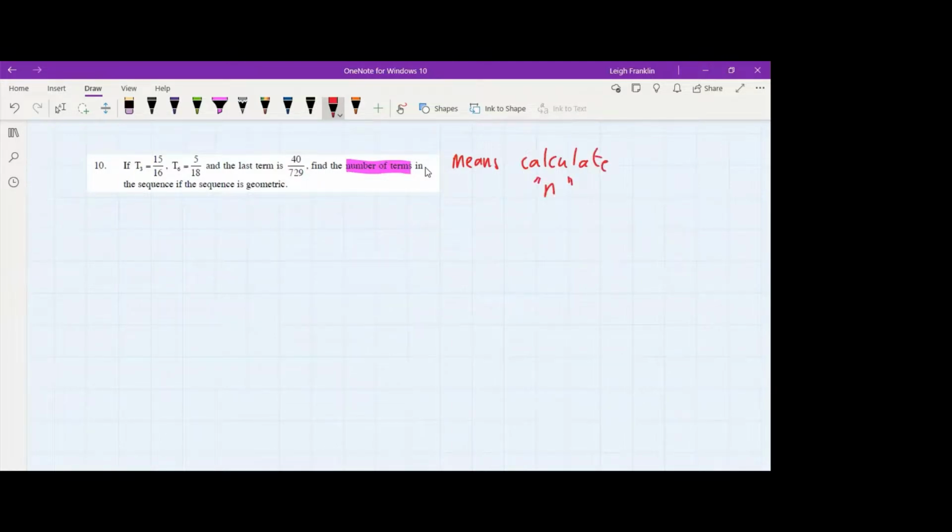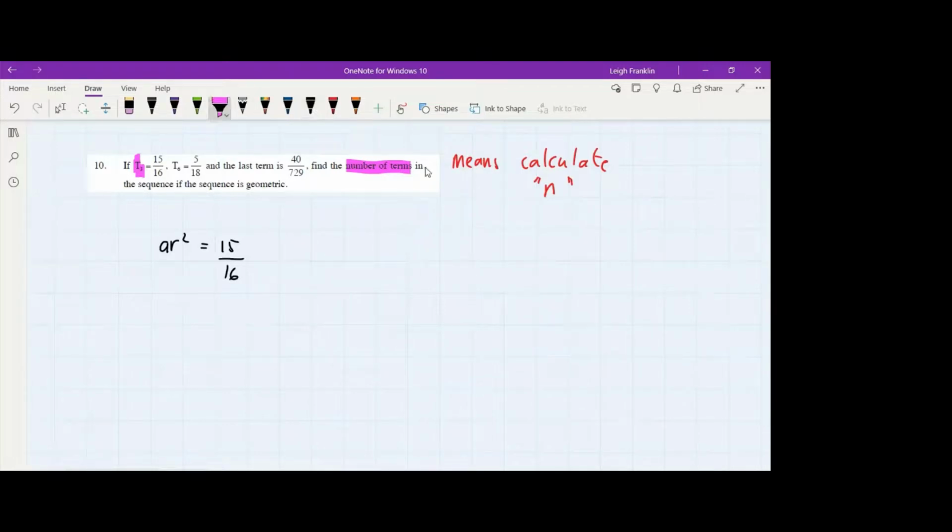All right, so how are we going to write term 3? As ar squared, equals 15 over 16.